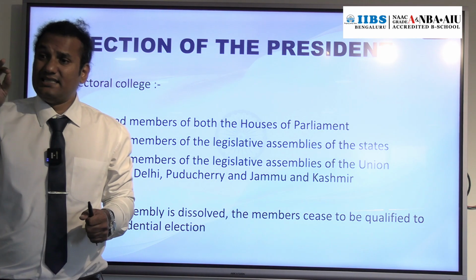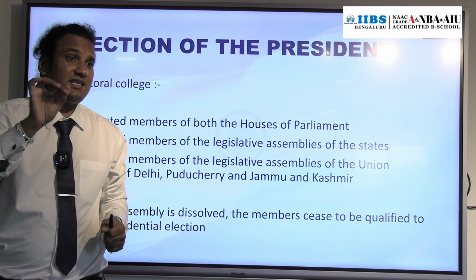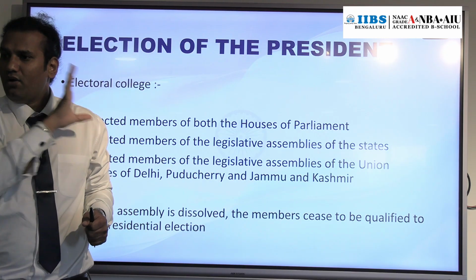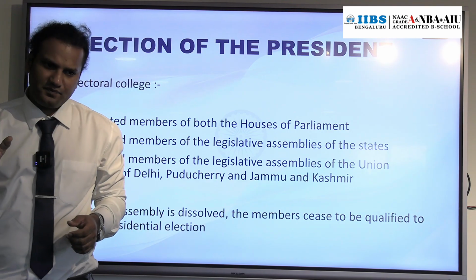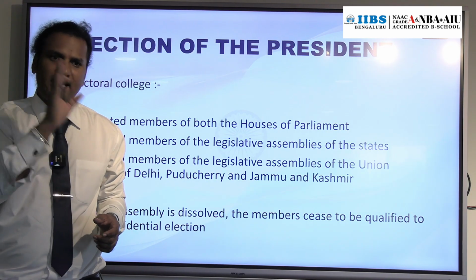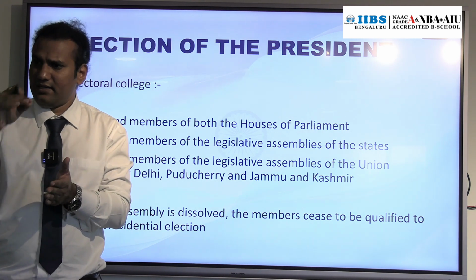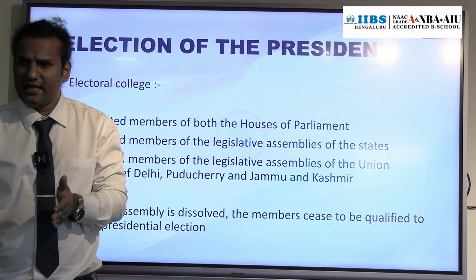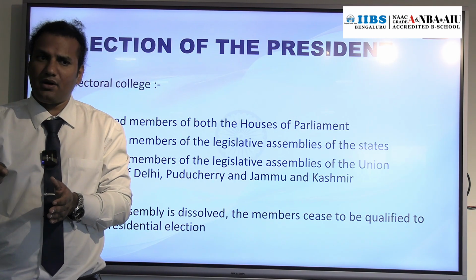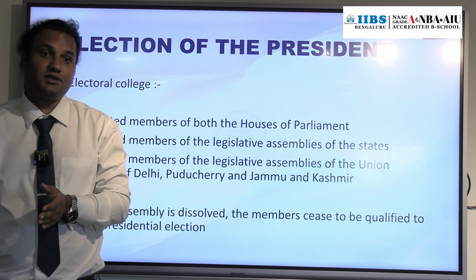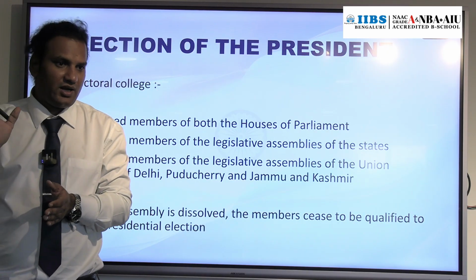So, elected MLAs, or elected members of the legislative assembly, are eligible to vote for the President of India, not the nominated ones. Understood? This is regarding the assembly. What about the council? In the council also there are nominated members as well as elected members. Both nominated and elected members of the council are not eligible to participate in the election of the President of India. You are understanding?